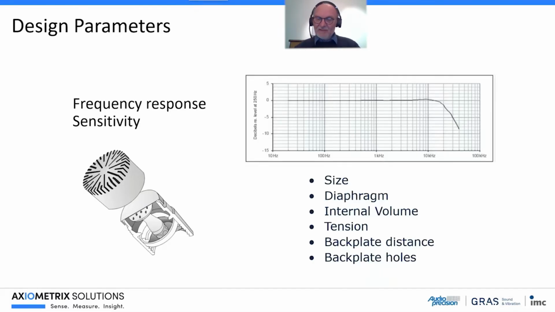If the diaphragm starts moving and we have no holes in the back plate, it is difficult to move the diaphragm, because the air makes a certain resistance when we try to move it. If we make a lot of holes in the back plate, it will be easier to move the diaphragm, because the resistance will be less.